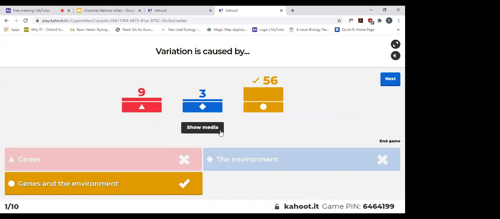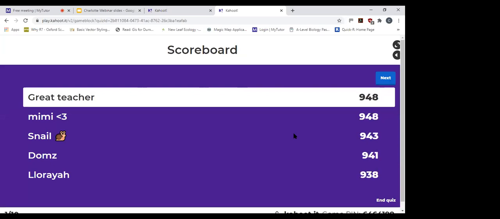I think that's almost everyone answered. So most people got that right. The correct answer is genes and the environment. Really well done. Now let's see who clicked it fastest. Great Teacher and Mimi are up there at the top of the leaderboard, closely followed by Snail with a really great little emoji there, Doms and Rhea.